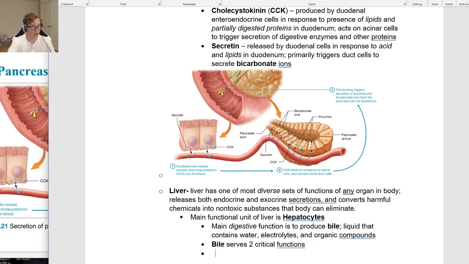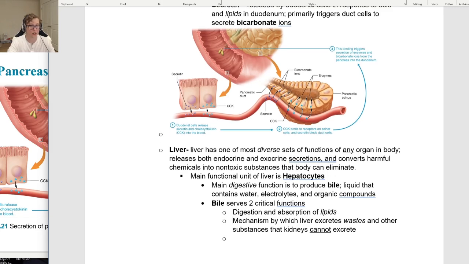It assists in the digestion and absorption of lipids, and it is a mechanism by which the liver excretes waste and other substances that the kidneys cannot excrete. We haven't talked about the kidneys yet, we haven't talked about the urinary system, we will, but bile is essentially helping to excrete waste and other substances the kidneys can't deal with.